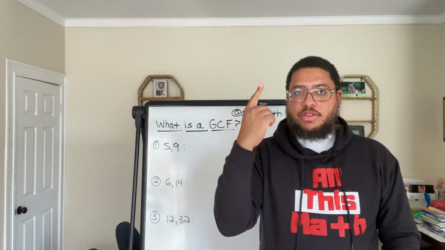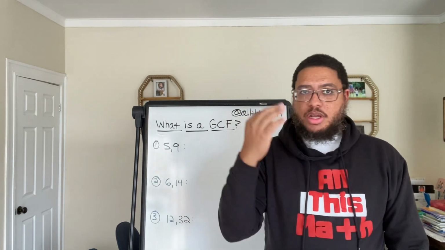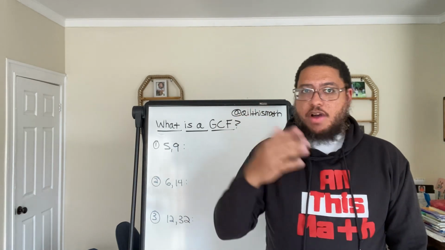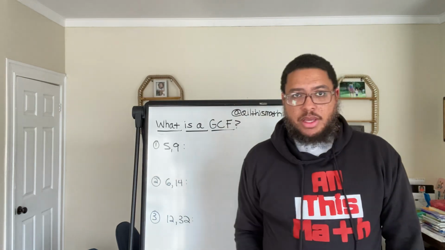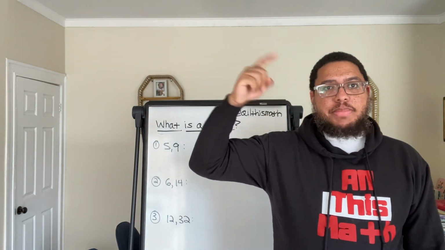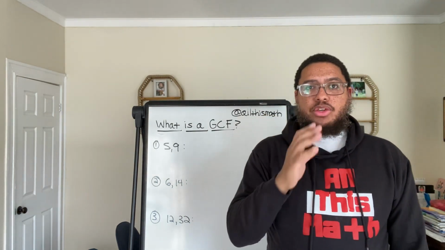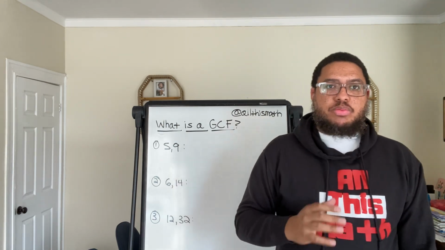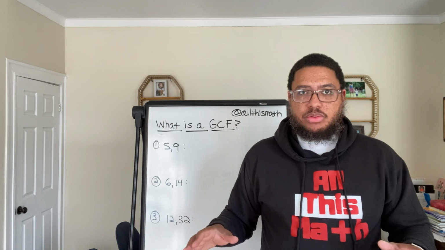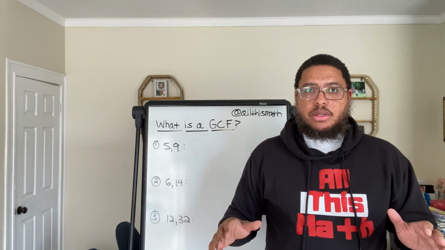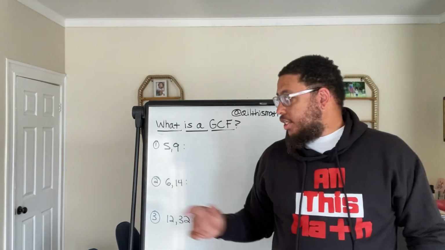So all the factors of the number 1, the number 2, the number 3, the number 4, the number 5, the number 6, the number 7, all the way up to the number 150. Be able to say them off the top of your head. That will make your math career so much more comfortable and flow so much more smoothly. I promise you that. All right. So let's get started with 5 and 9.